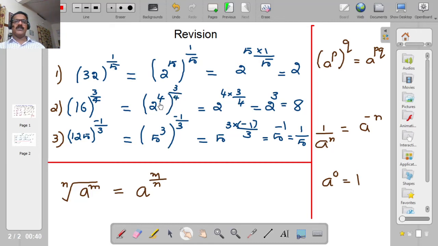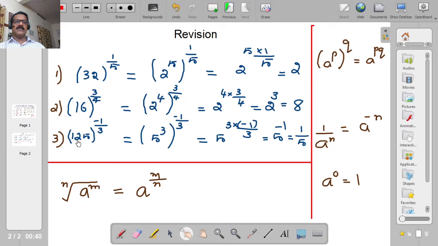It is of the form a raised to p the whole raised to q, which is equal to a raised to pq. So 2 raised to 4 times 3 over 4. This 4 and 4 will get cancelled, resulting in 2 to the power 3. 2 to the power 3 is equal to 8. So the result is 8.